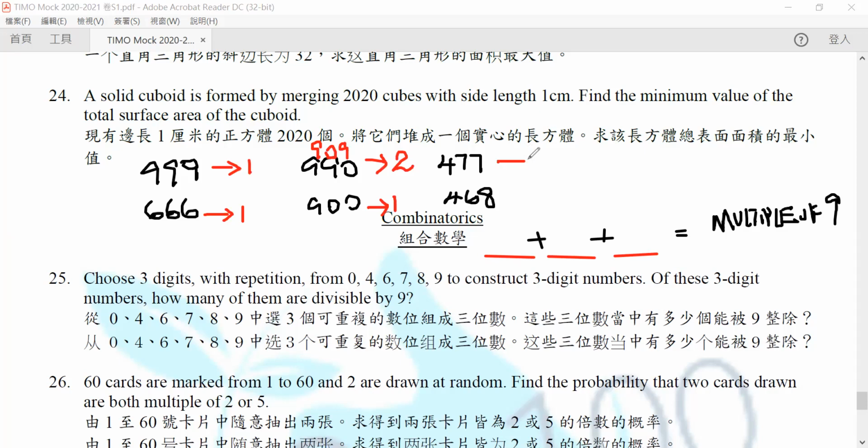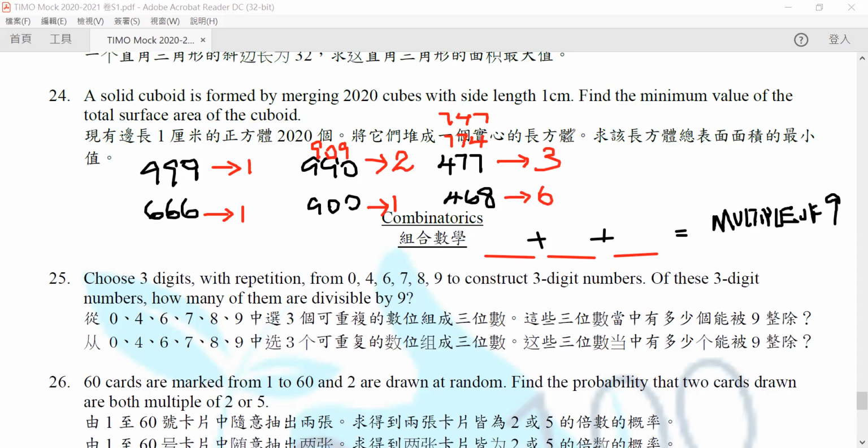For 477, after rearrangement, we will get 3 numbers, which are 747, 774, and 477. The last one will have 6 rearrangements, which are 864, 846, 648, 684, 468, 486.